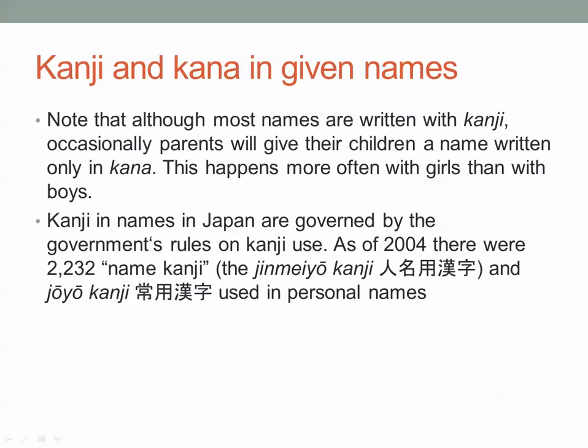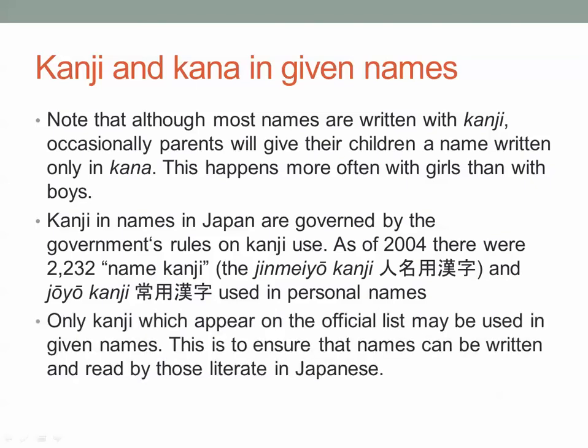So of that set of 2,232, parents can choose any of those and assign it to their child. And the reading is an entirely different story. We'll get to that in a minute. But the kanji is limited by the government to that set so that it ensures that names can be written and read by those literate in Japanese. So you don't end up faced with a kanji that you're really unfamiliar with, even if you're an educated, literate person.